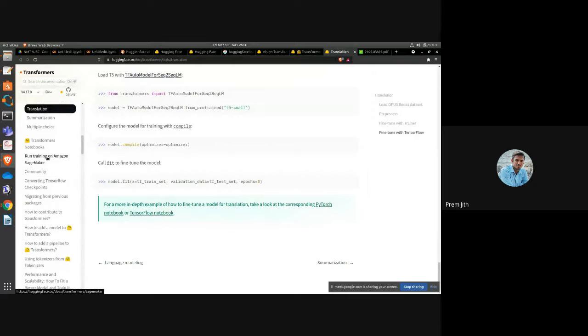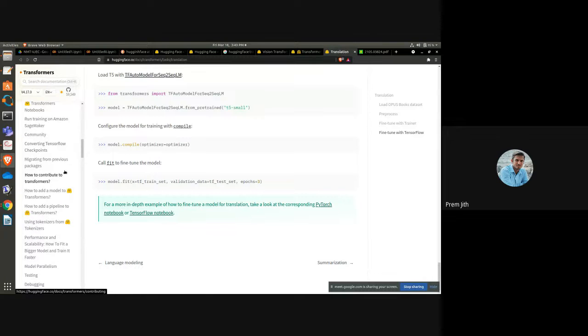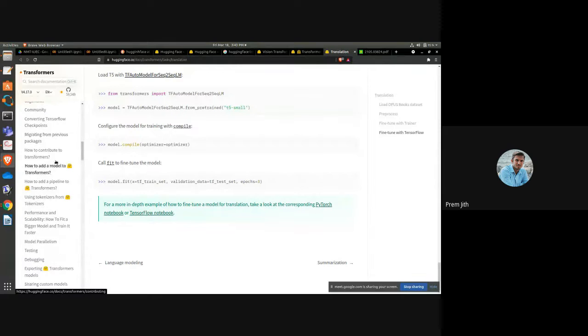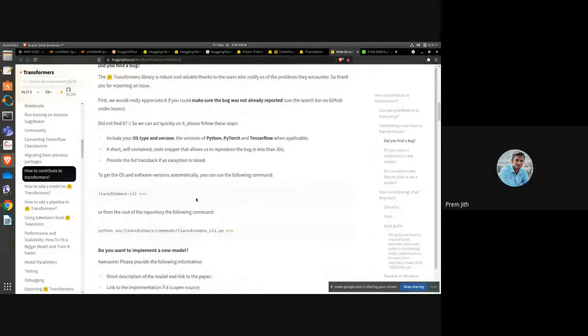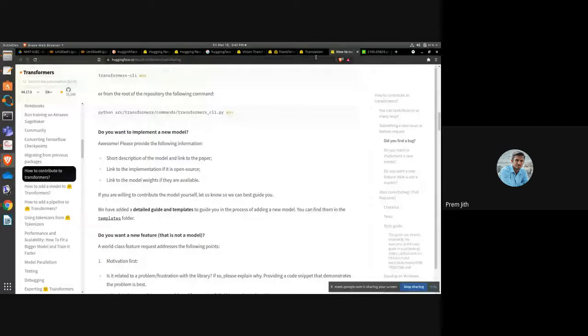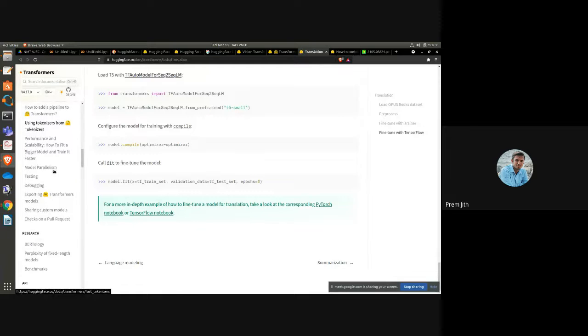Then how to run or train on Amazon SageMaker, converting TensorFlow checkpoints, migrating from previous packages, and how to contribute to transformers. If you feel you have a new model, you can go through this document and understand how to contribute or share your models with the Hugging Face transformers. Then model parallelism.